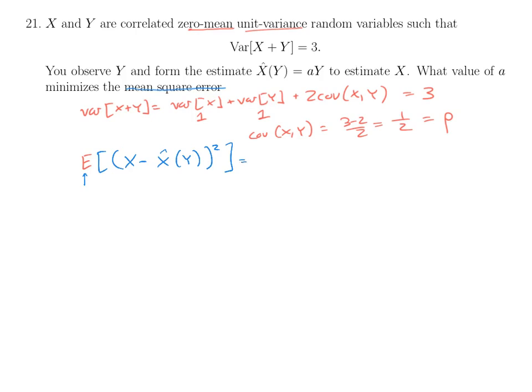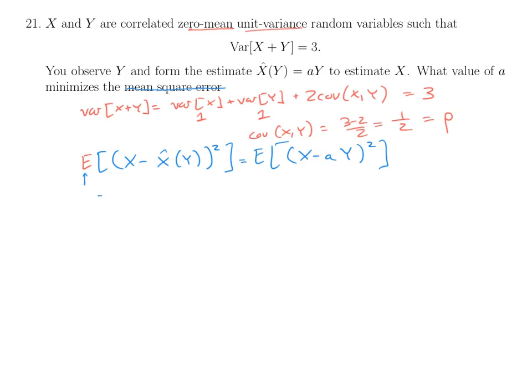So we have this thing, and then we have to do some maneuvering here. This x minus x hat is x minus a y, because what's happening here is you observe the y and you have to estimate the x, and your estimate is a y for some careful choice of a, right?